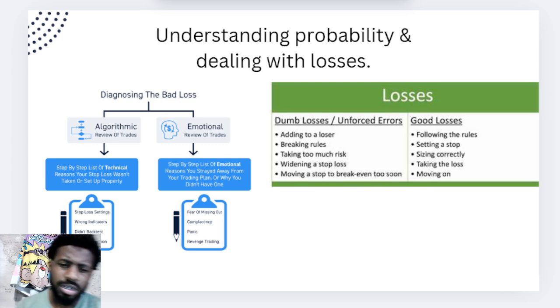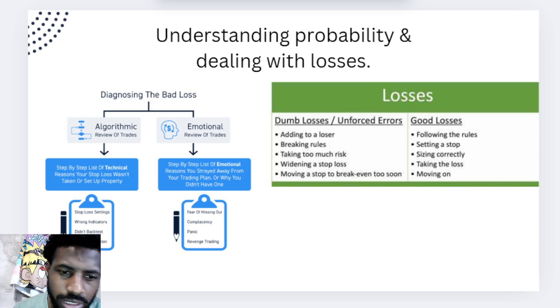Okay, let's talk about this, diagnosing the bad losses. You got the algorithmic, okay, step by step list of technical reasons why your stop loss wasn't taken, and setting up profit. Okay, reviewing of the trades.